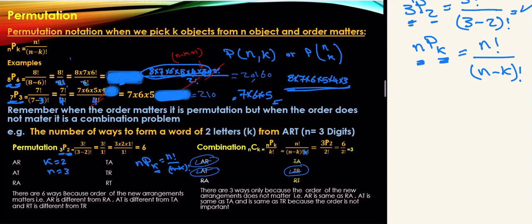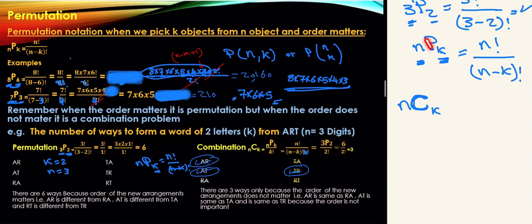For combination, the easiest way to remember it: the symbol for combination, we said, is C. As I said earlier, in permutation we have to pick k out of n.